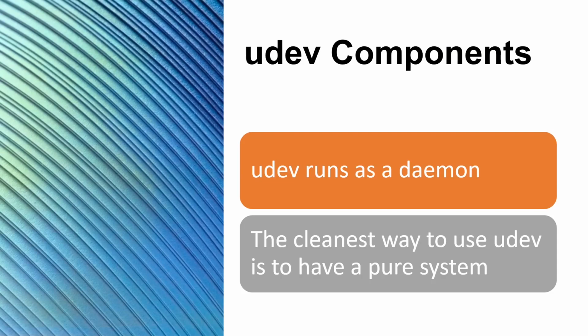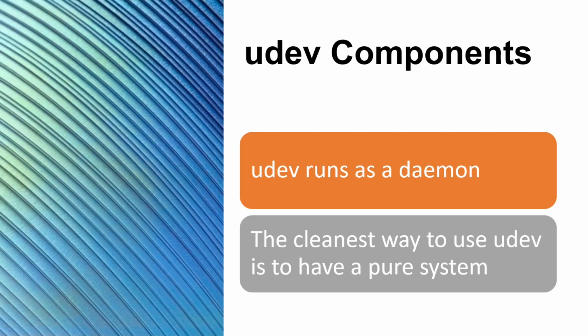udev components. udev runs as a daemon, either udevd or systemd-udevd, and monitors a netlink socket. When new devices are initialized or removed, the kernel facility sends a message through the socket, which udev receives and takes appropriate action to create or remove device nodes of the right names and properties according to the rules.